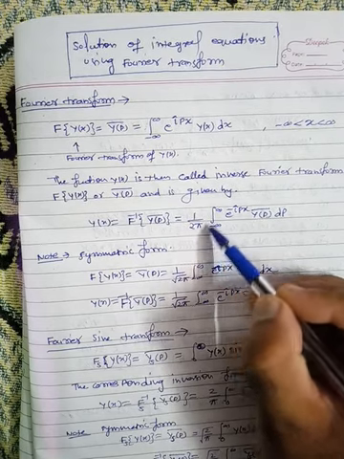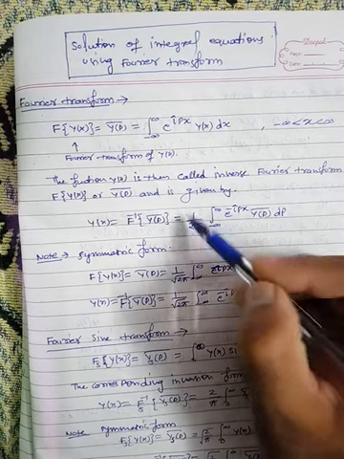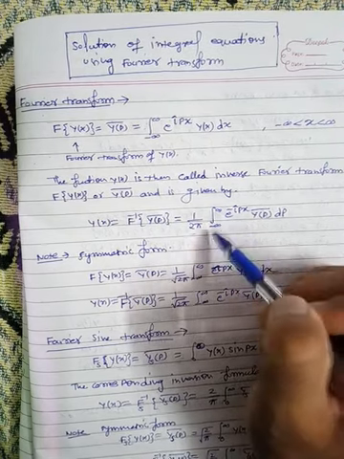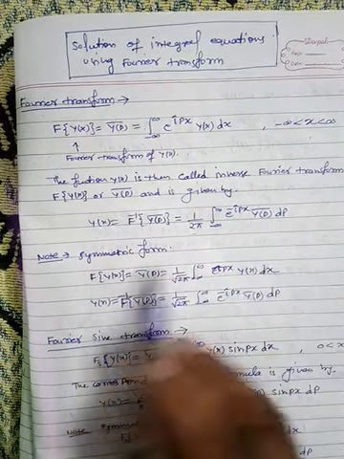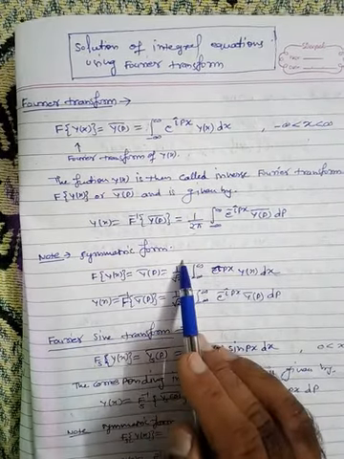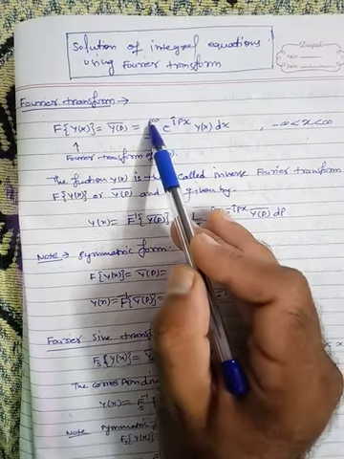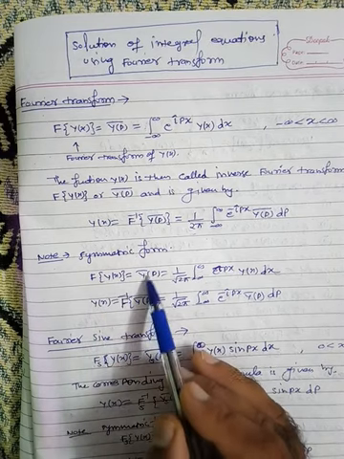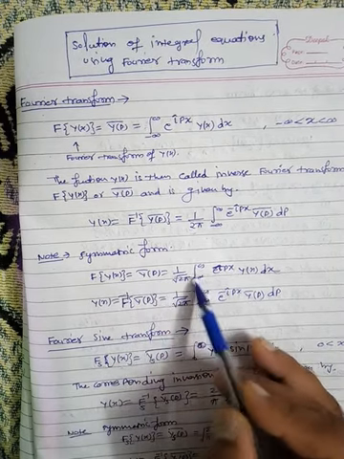So if you bifurcate this into two equal parts, that means 1 upon root 2 pi, 1 upon root 2 pi. Then if one part is taken with this part and another part is taken with this part, that is called the symmetric form. So in symmetric form, one part is taken here. The Fourier transform of y(x) is y_p bar equals 1 upon root 2 pi times the integral.